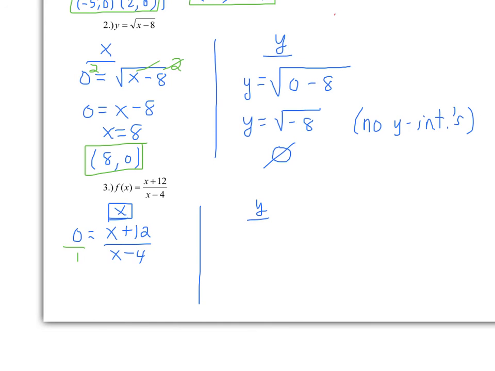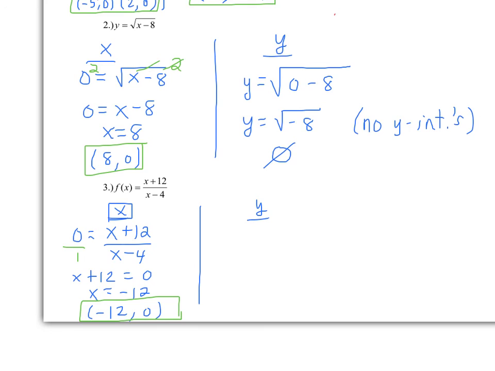And if you cross multiply, you're going to get x plus 12 equals 0. That's going to give us x equals negative 12. So negative 12 comma 0 is my x-intercept. You could also just say, all right, if it's a fraction, for a fraction to equal 0, the top has to be 0. So you just set the top equal to 0. All right, but again, don't forget, you could always put that 0 over 1 and cross multiply that way.